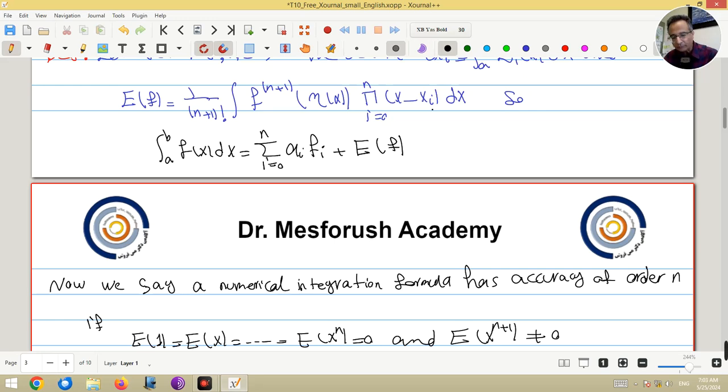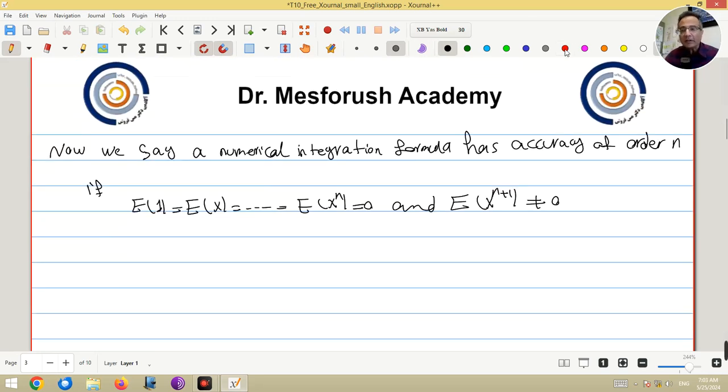Now, let me mention a theorem here. This theorem is very important when we want to compute, in fact, the error term.